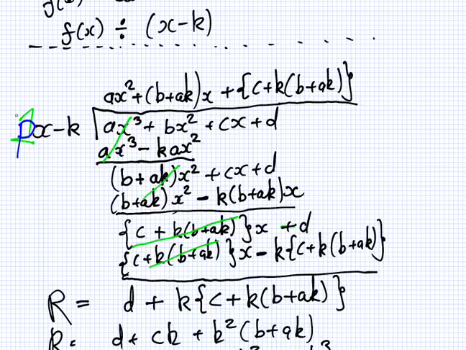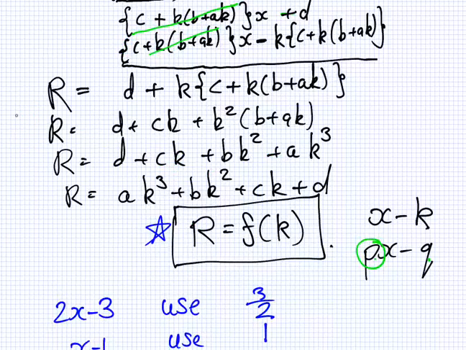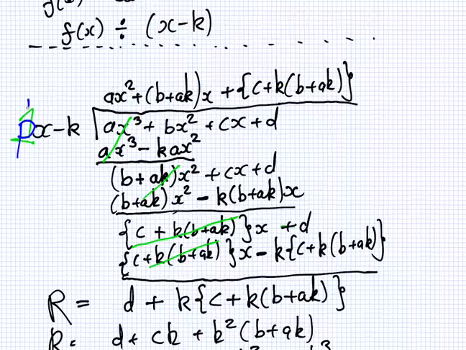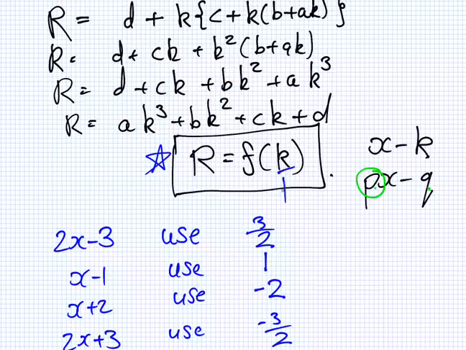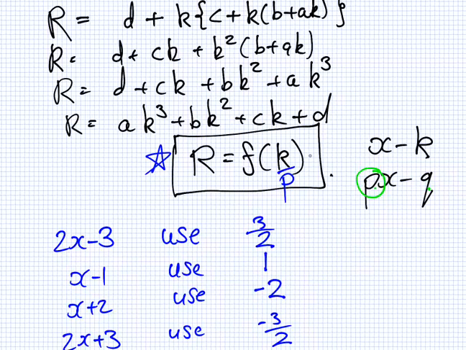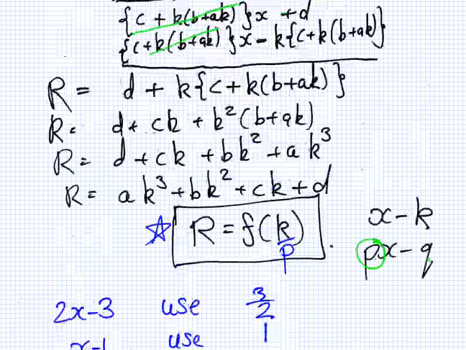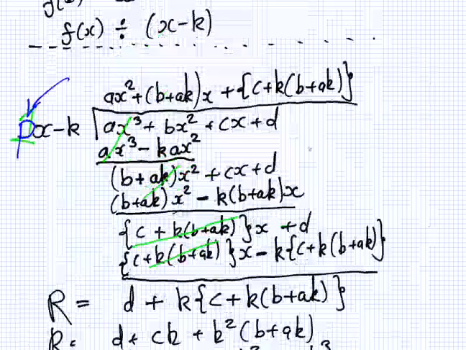This formula here is for when the factor is like this. If you have a factor like, let me call it px minus q, you have to make some correction because of the p here. p must be 1.